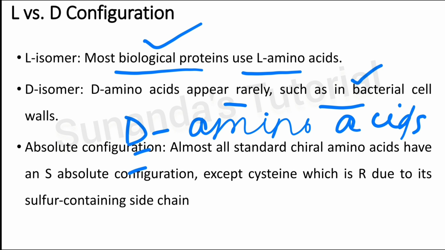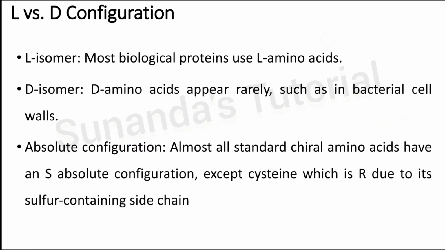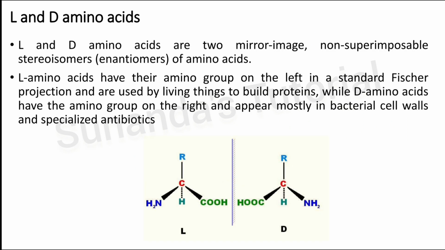In the L configuration, in a Fischer projection with the carboxyl group on the top, the amino group, NH2 or NH3, points to the left. But in the D configuration, with the same projection layout, the amino group points to the right. So like this.